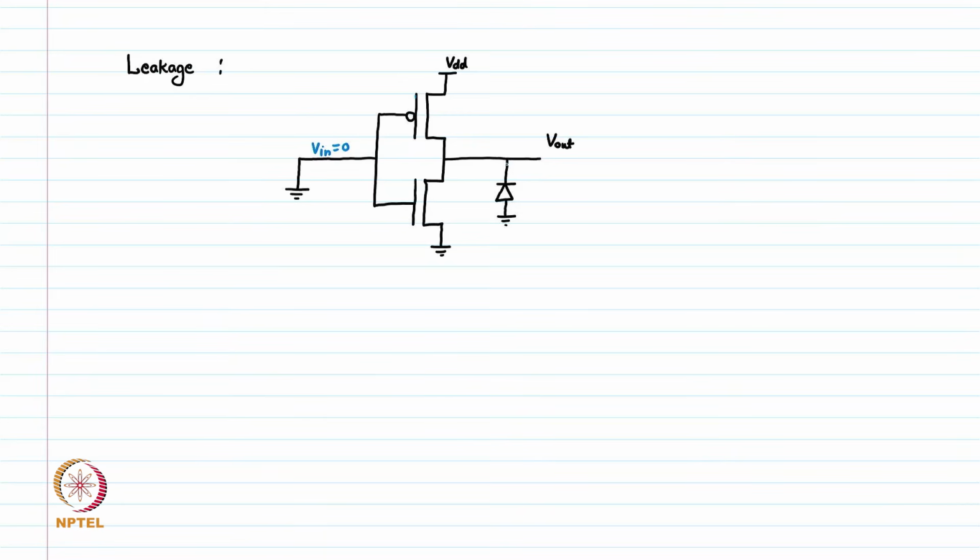So now we have a junction connected to this V out node and then there will be a drain junction leakage. And there will be a sub threshold current.